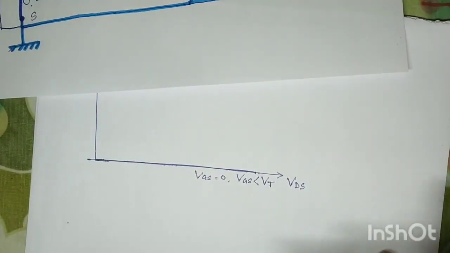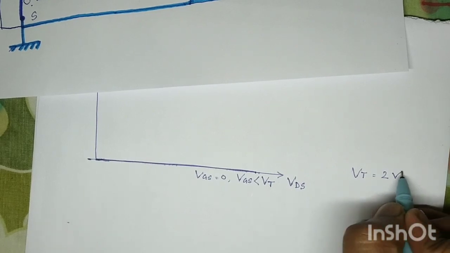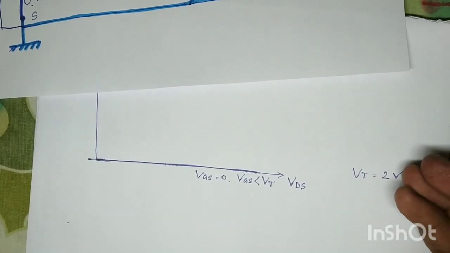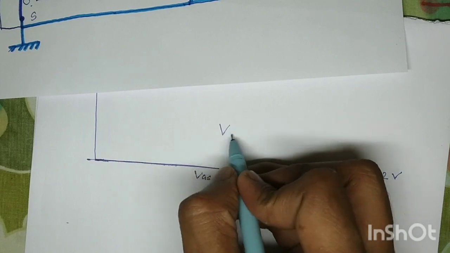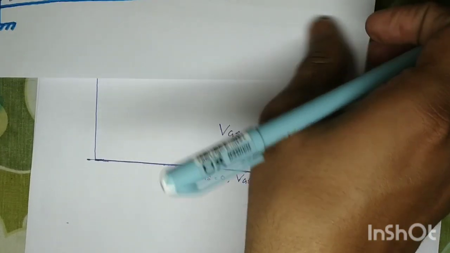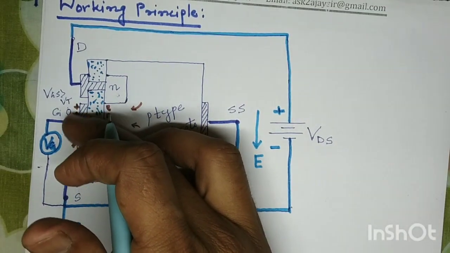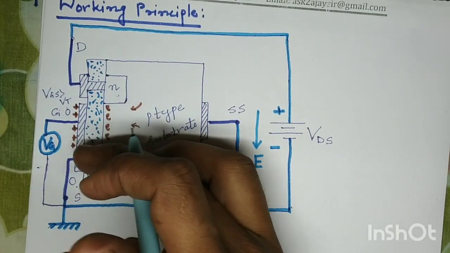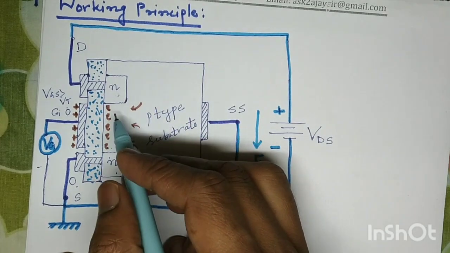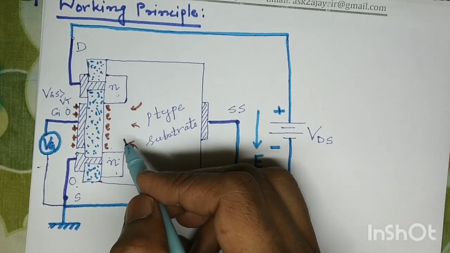So let us assume VT is equal to 2 volt. When VGS is above 2 volt, let's suppose VGS is 3 volt, this terminal will be sufficiently positively charged, a sufficient number of electrons will be attracted in this channel region, and the current conduction will take place.